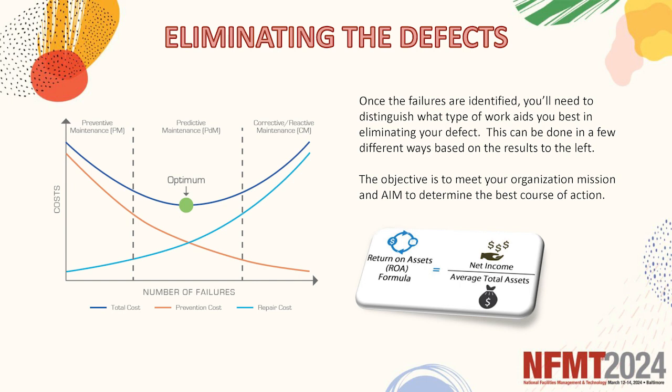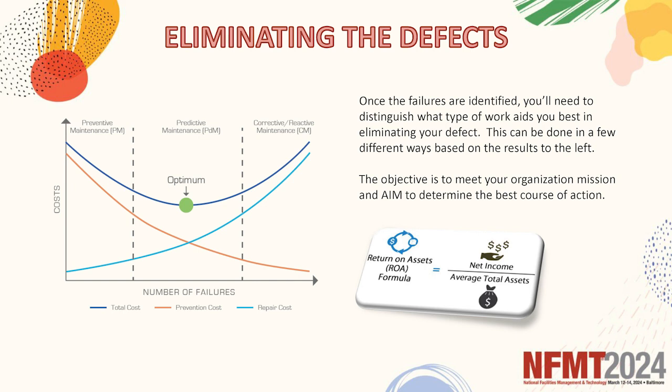And the bell curve that's going along with it, you can see the total cost, the prevention cost, and the repair cost, and how these particular pieces of work actually reflect that. With preventive maintenance, your total cost is probably a little bit higher, with the blue line. Then the orange line, your preventative costs are very high. However, your repair costs are very low.